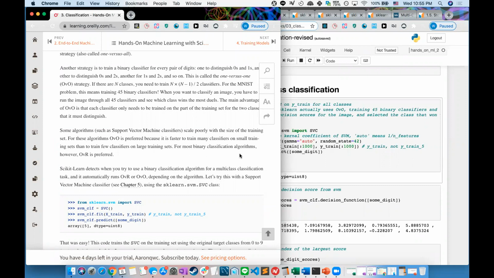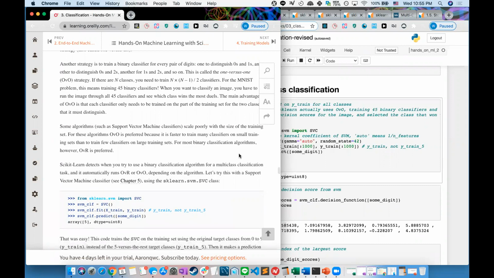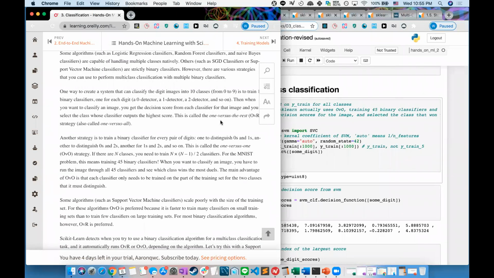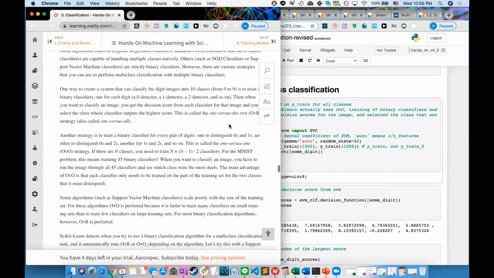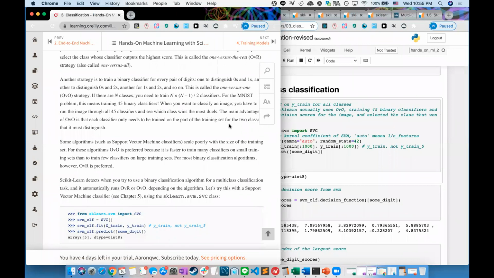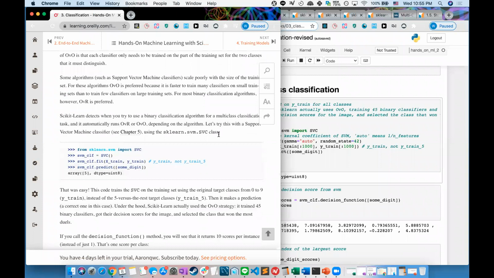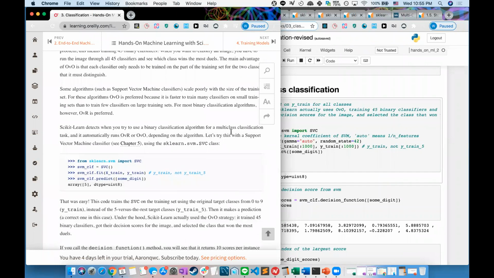However, for most binary classification algorithms, OvR is preferred. Okay, and OvR stands for one versus the rest. That's basically training a bunch of binary classifiers. Scikit-Learn detects when you try to use a binary classification algorithm for a multi-class classification task, and it automatically runs OvR or OvO depending on the algorithm.